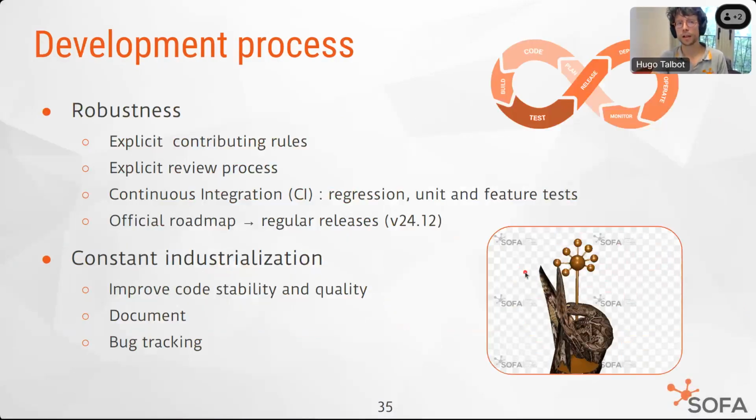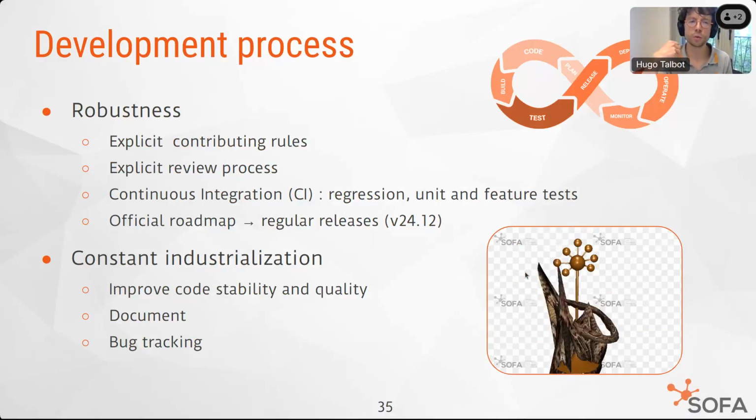This consortium also has the responsibility of the development process, I would say structuring them, making sure that those development processes are respected to ensure robustness, having contribution rules that are explicit, and a reviewing process, which is explicit, because not anyone can push something directly into SOFA.